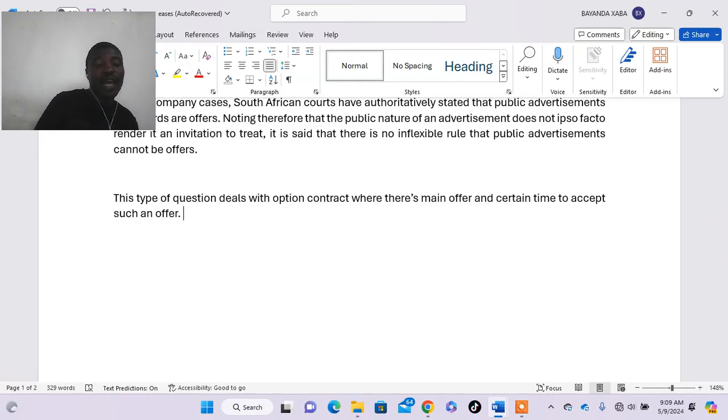Then we go and check who is the offeror and who is the offeree.